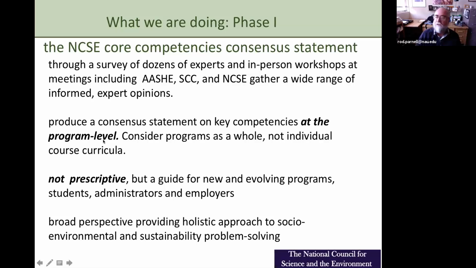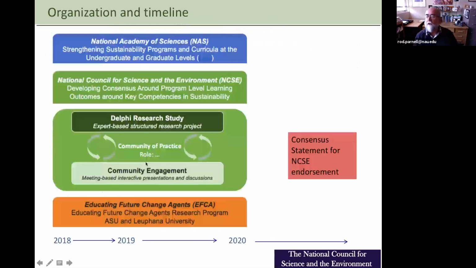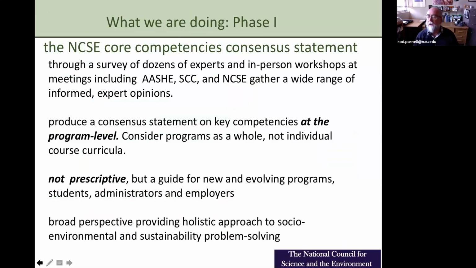That is, this is not prescriptive, but what we're talking about is thinking about programs as a whole and not individual courses, but something to use as a guide for new and evolving sustainability programs or programs that are touching on sustainability.